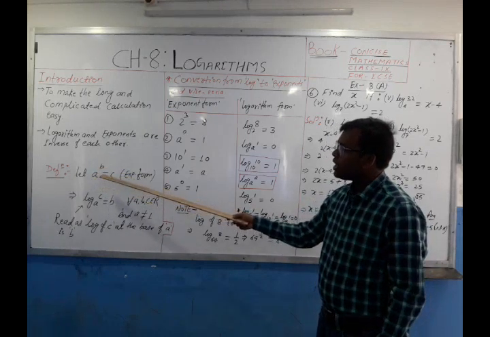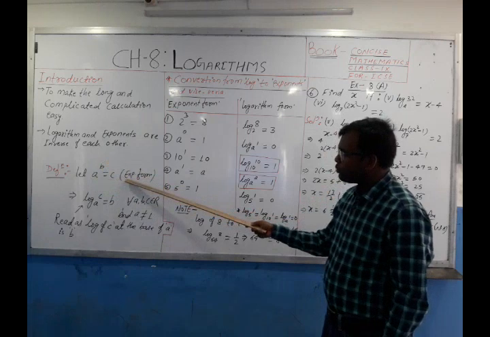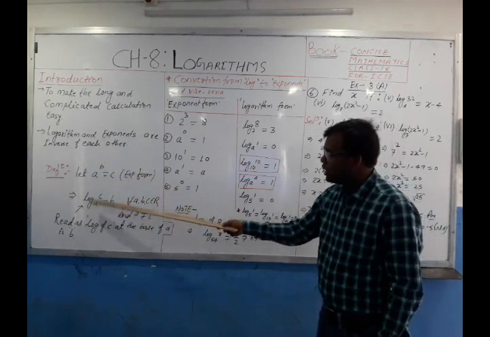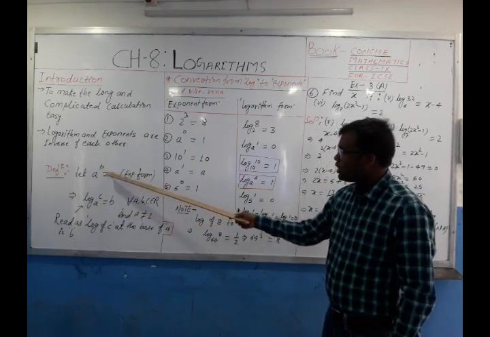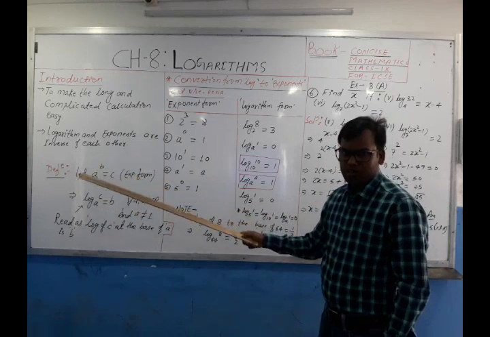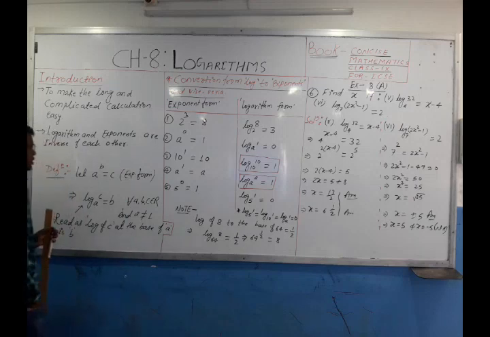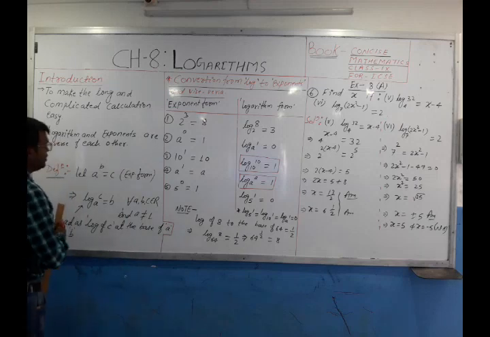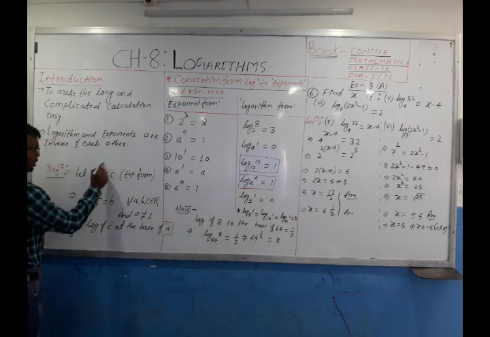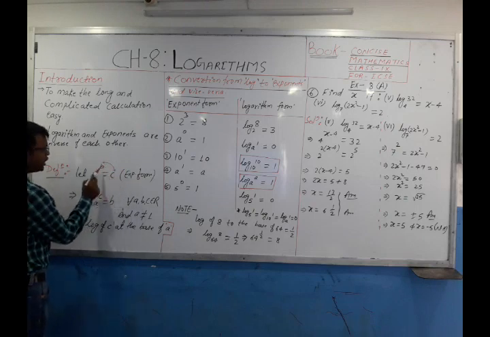That means when we convert from exponent to logarithm, b and c are interchanged. If you change from exponent to logarithm, b and c will be interchanged.